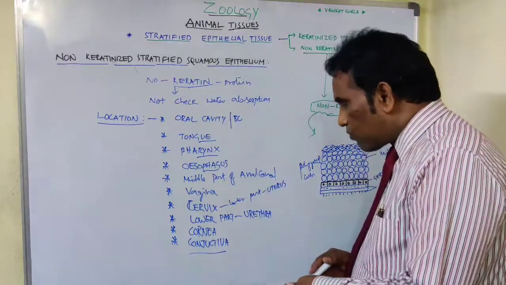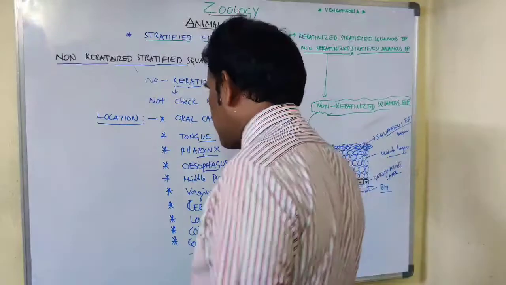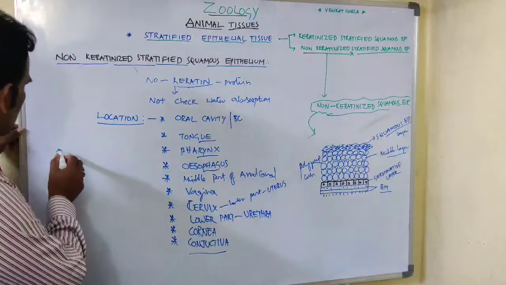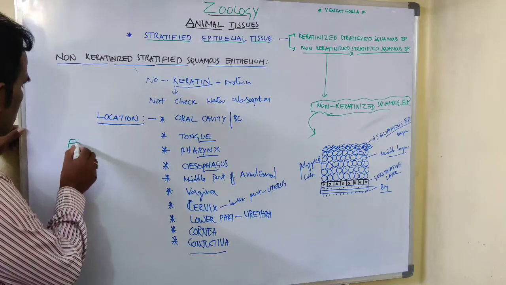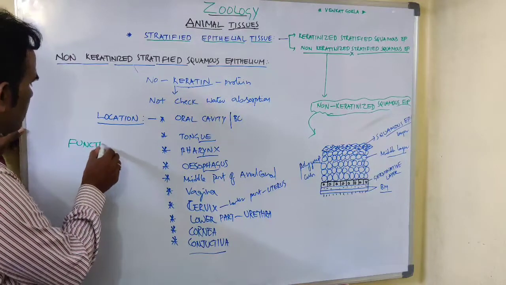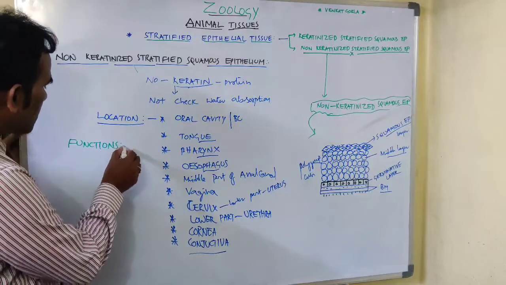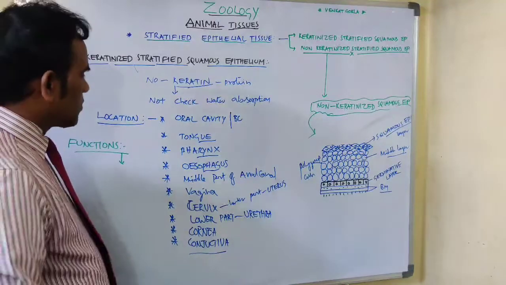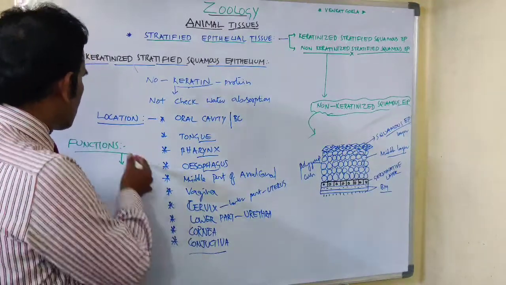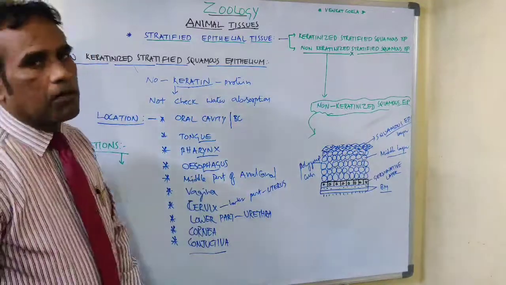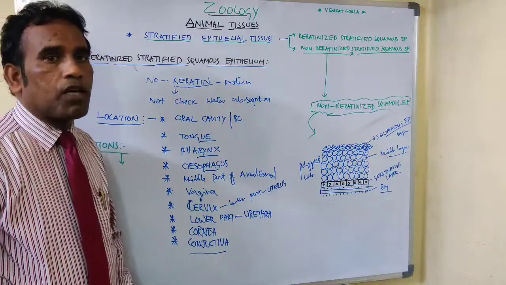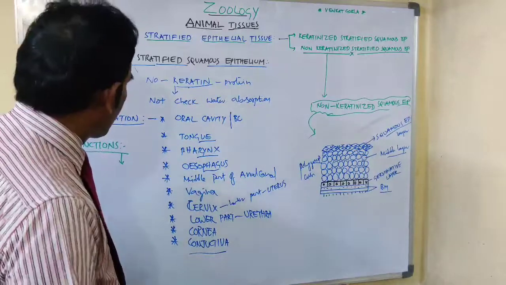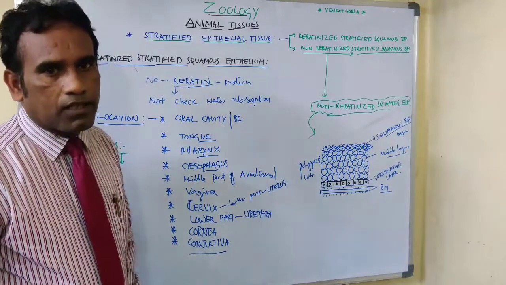Now let us see the functions. What are the functions of non-keratinized squamous epithelium? It is not like keratinized, because these cells have a high power of regeneration. As we told you earlier, stratified epithelium has a remarkable power of regeneration.